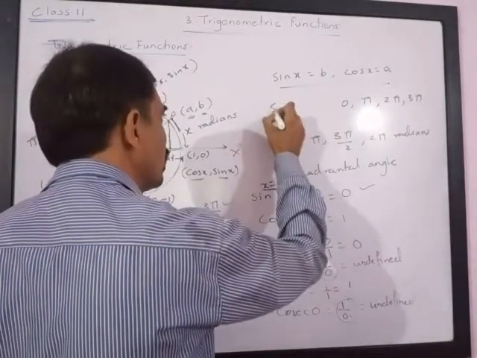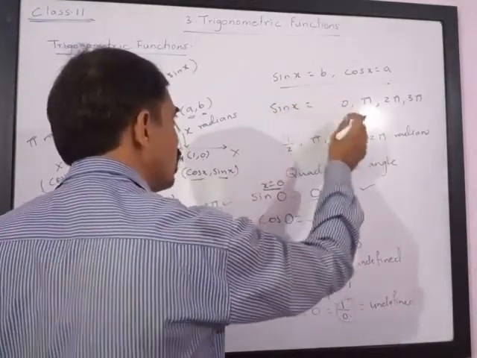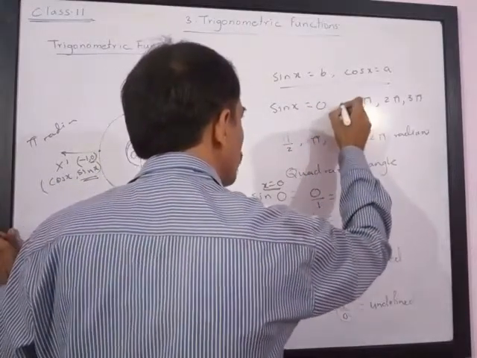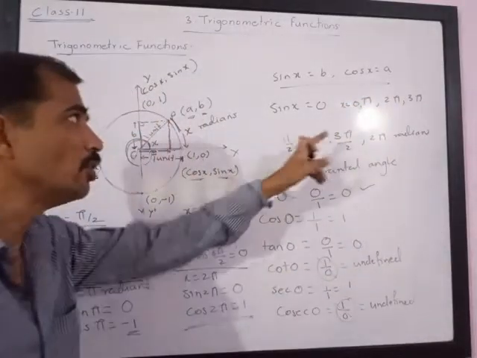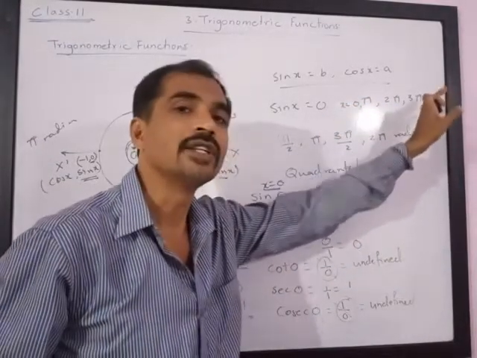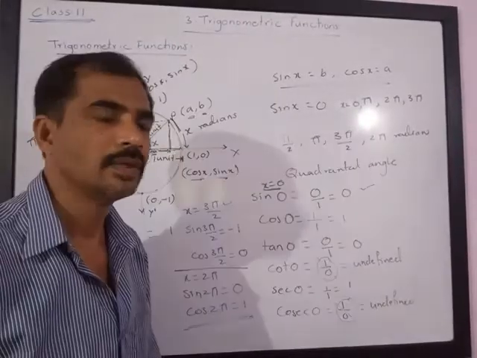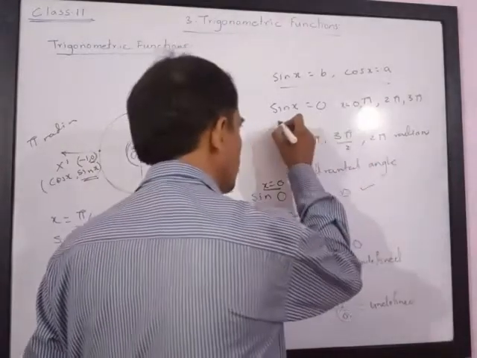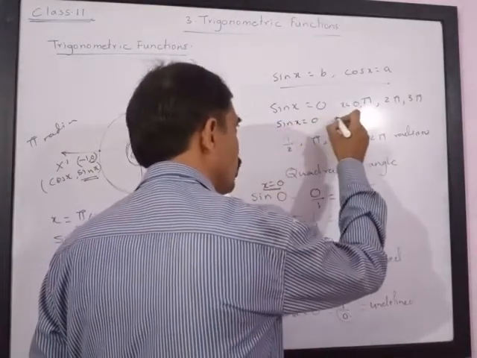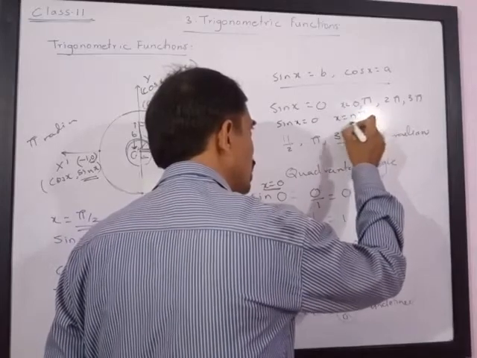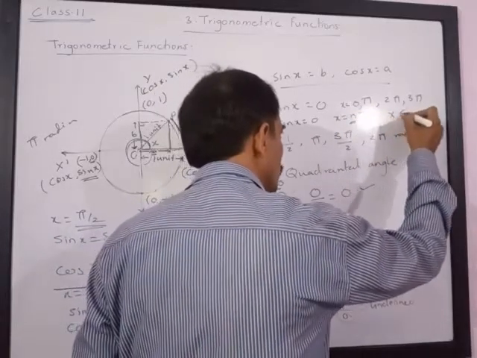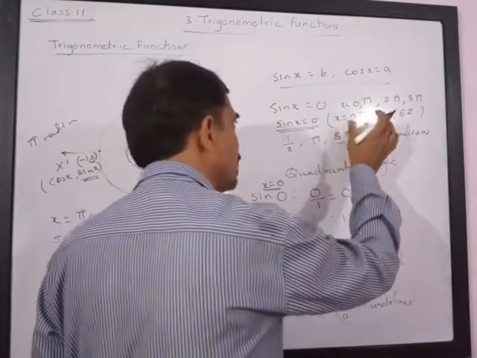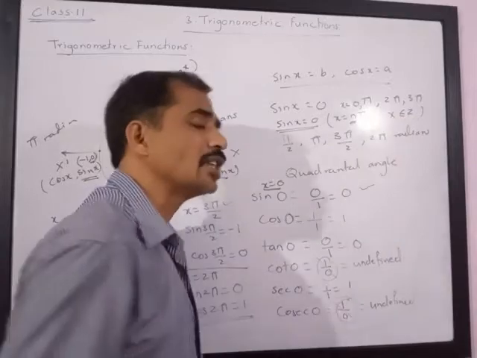So sin x is equal to 0 when the angle is 0, pi, 2 pi, 3 pi, 4 pi and so on. Thus we can say that sin x is equal to 0 when x is equal to n pi, where n belongs to the integers, that is, n is any integer.